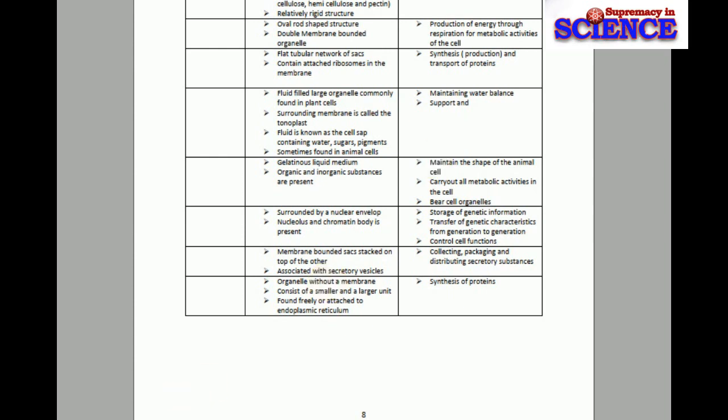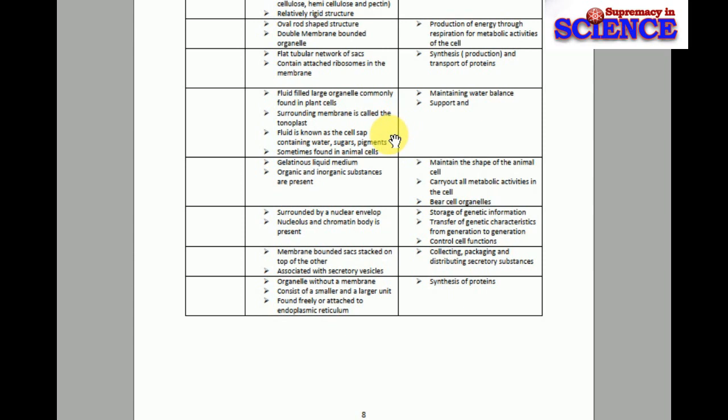Next structure. They are telling here a fluid-filled large organelle commonly found in the plant cell. Surrounding membrane is called the tonoplast. From that we can get this. This will be the central vacuole, the large vacuole inside the plant cell. Also inside that vacuole you have cell sap. It's a liquid medium. What does it contain? It contains water, sugar, pigments. What are pigments? Pigments are coloured substances.